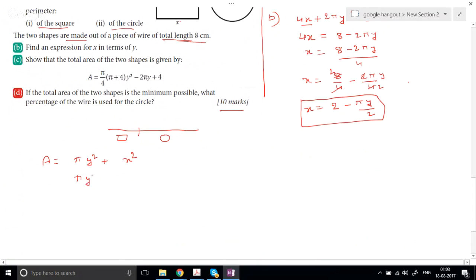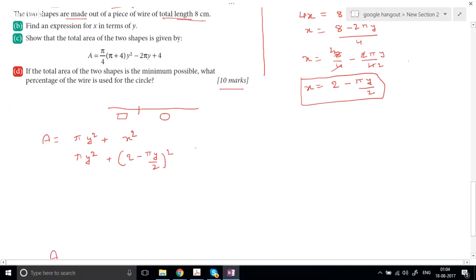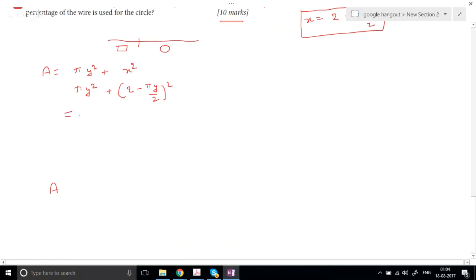So area is equal to pi y square plus 2 minus pi y by 2 the whole square. Let's simplify this. So we end up getting pi y square plus expansion of this would be 2 square, which is 4, plus pi square y square divided by 4, minus 2 times 2 into pi into y, whole thing divided by 2.